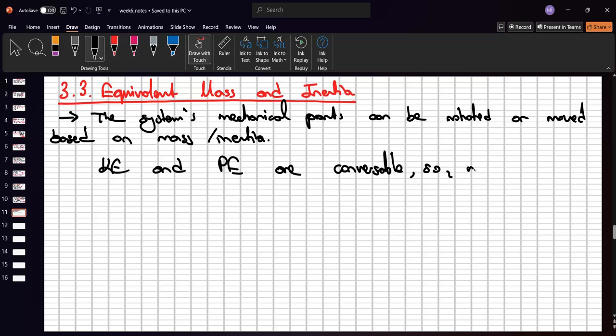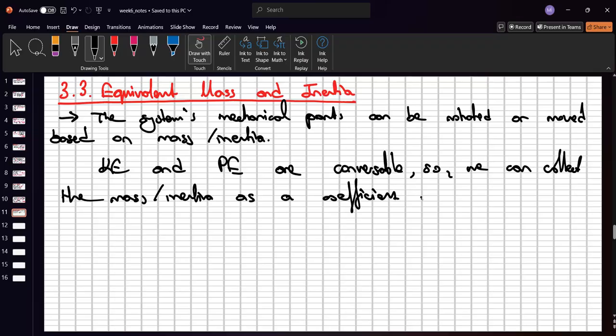So we can collect the mass and inertia as a coefficient named, Nasser, named equivalent. Yes, thank you, Nasser.